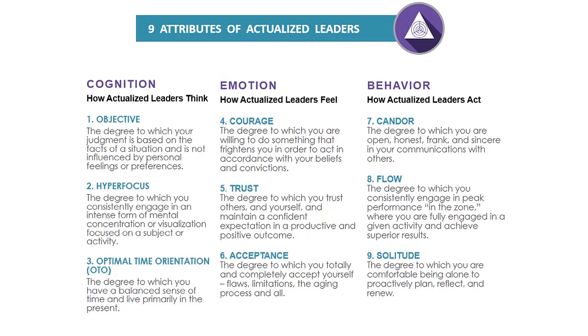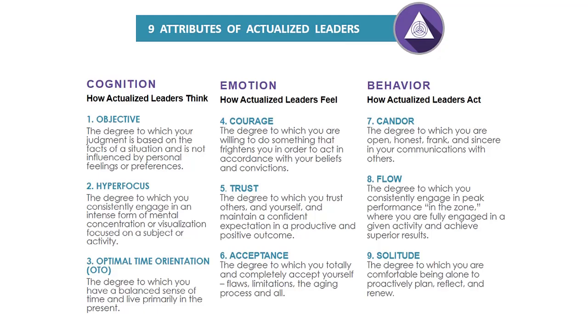The 3 emotional attributes of actualized leaders are courage, trust, and acceptance. And acceptance refers to self-acceptance, something that Maslow often stated was the most important gift you could ever give yourself, was to accept yourself once and for all. And then finally, the 3 attributes in the behavior domain: candor, flow, and solitude.